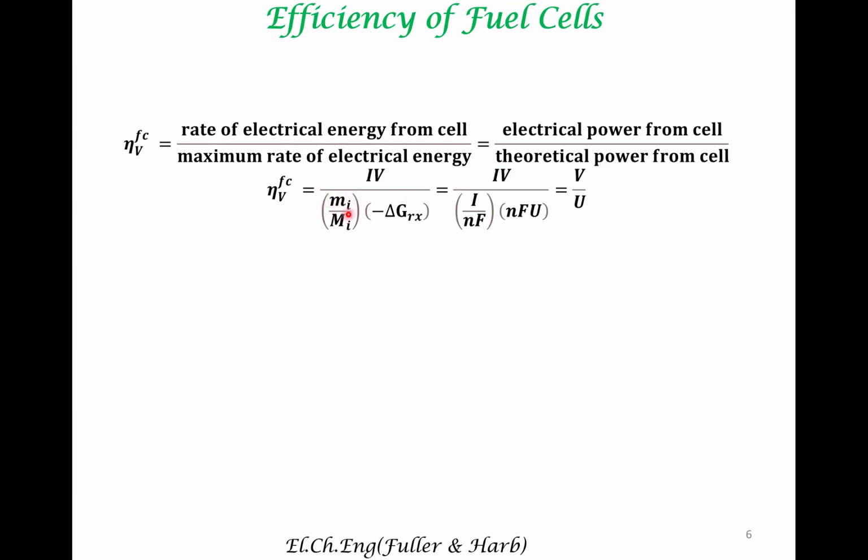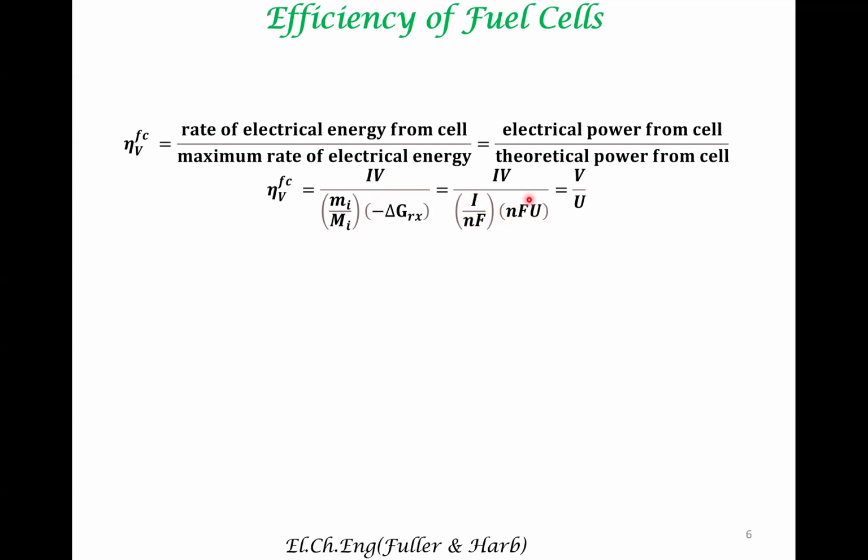This is the mass flow rate of the fuel that is getting into the fuel cell, supplied in a continuous manner. Dividing by the molecular weight, you would get the amount of moles per unit time, times the delta G of the reaction, right? So this quantity goes into this quantity.